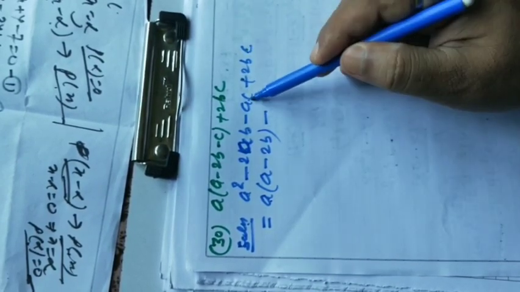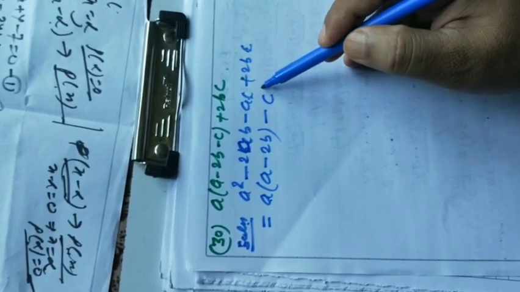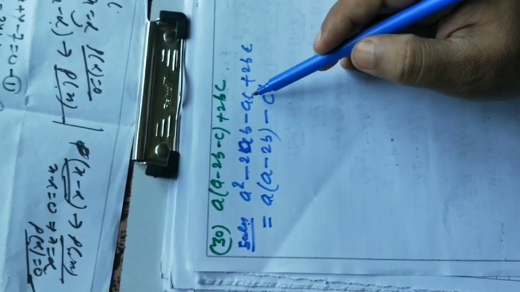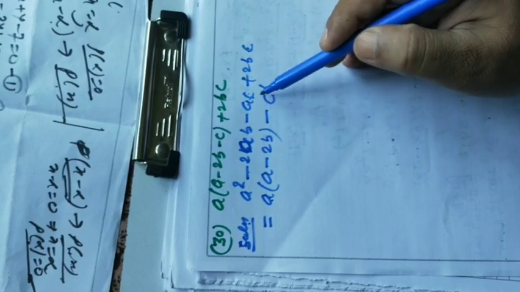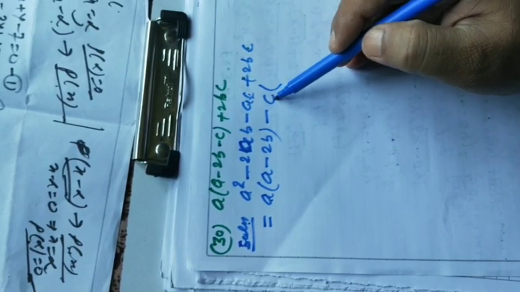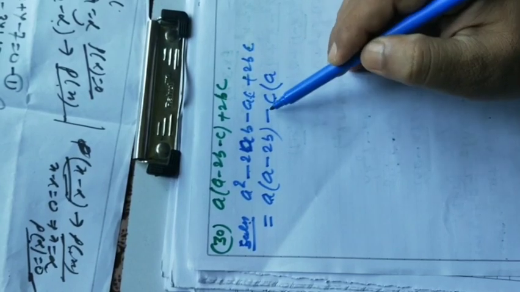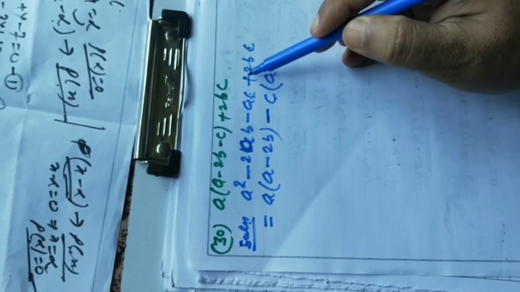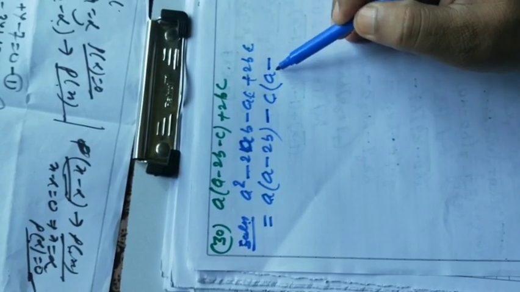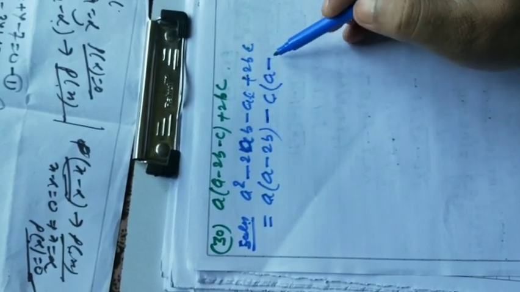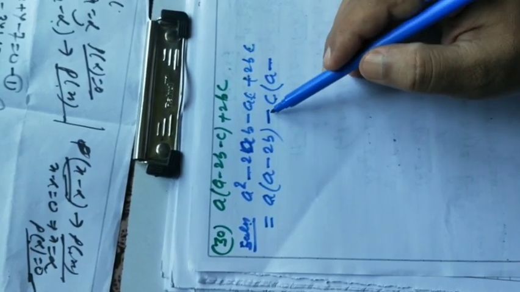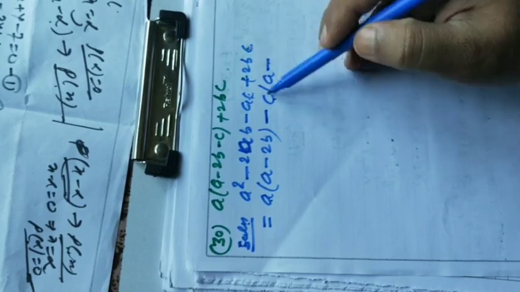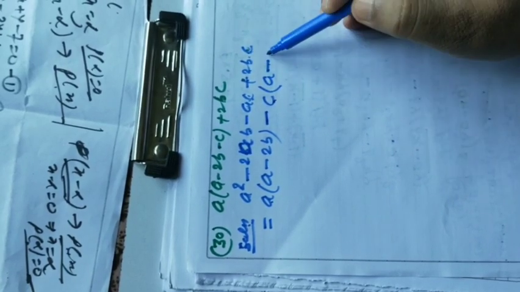Now in these two terms c is common, so take c as common and put bracket after taking the common, and then divide this term by c. c will cancel by this c, then what will be left? a will be left. And now minus sign is there, so you have to multiply this minus sign by this plus sign. So put minus sign, minus multiplied by plus will be minus, and 2bc when divided by c, then c will cancel by c. What will be left? 2b will be left.